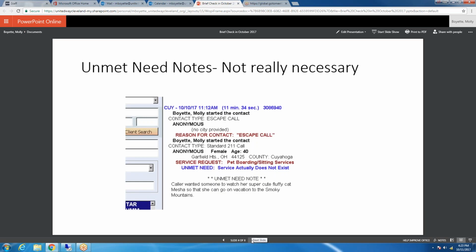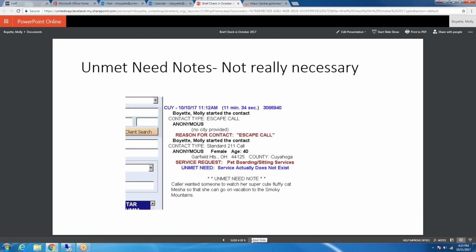Okay, next thing, unmet need notes. They're not really necessary. When you're saving an unmet need, if you really feel the need to put a note in there for your own personal benefit, go right ahead. But these notes are not being used for anything.